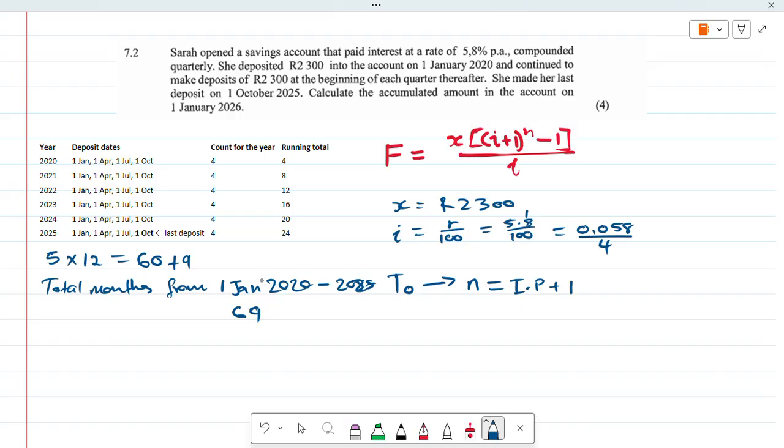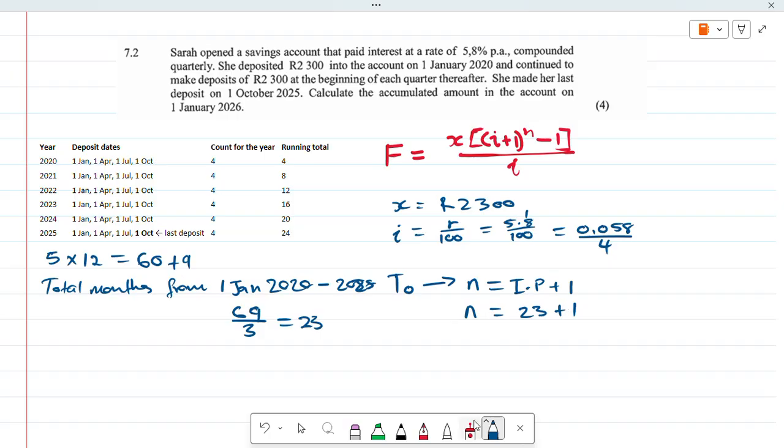But to figure out the IP, the investment period, because our investment is compounded quarterly, we need to divide by 3. Dividing by 3 gives us 23. This 23 is our investment period. So our n is going to be 23 plus 1.